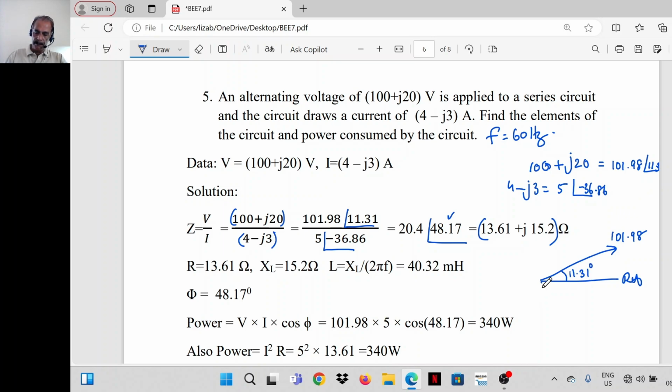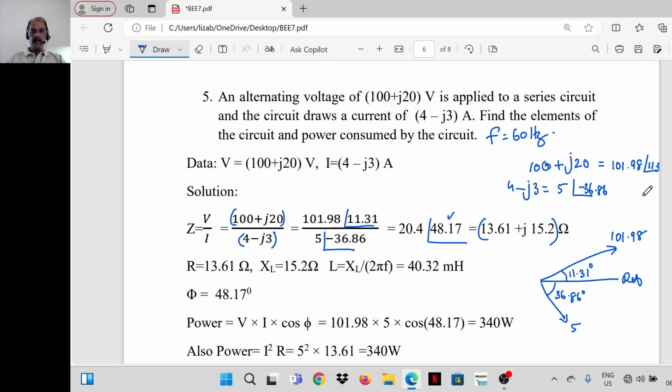That is the reference line, and this is the voltage. The current is 5 ampere at an angle of minus 36.86 degrees. Voltage 100 plus J20 in polar form is 101.98 angle 11.31. Current 4 minus J3 in polar form is 5 angle minus 36.86.